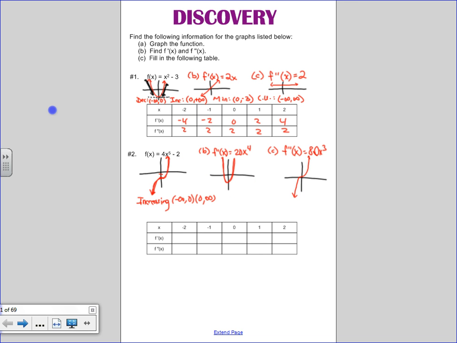Plugging in -2, what'd you get? Positive 320, sorry, I'm in the first derivative. Then -1 was 20, symmetric around 0. How about my second derivative? Plug in -2. Negative for -1.